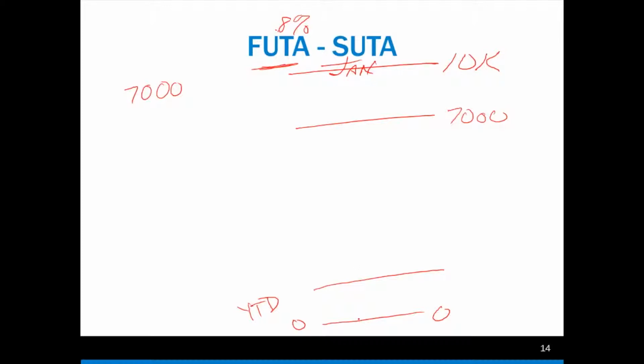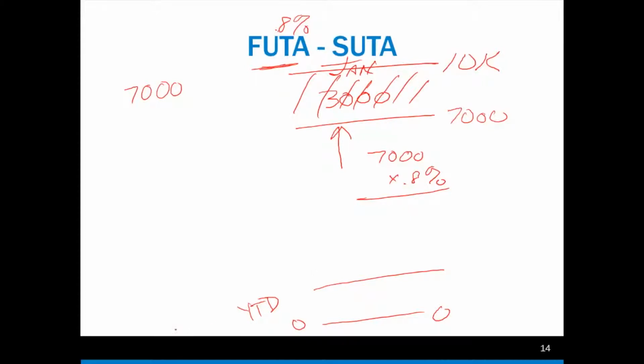He's only taxed on whatever wages up to $7,000. So for his paycheck, even though it's the first paycheck, he's only taxed on $7,000 times 0.8%. Whatever amount that comes out to, like $5.60 or something like this. The remaining $3,000, because it's above the $7,000 limit, is not taxable.